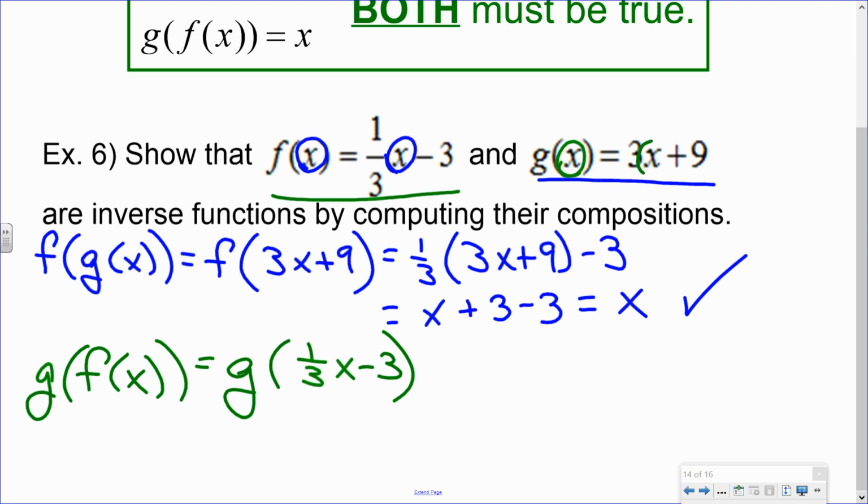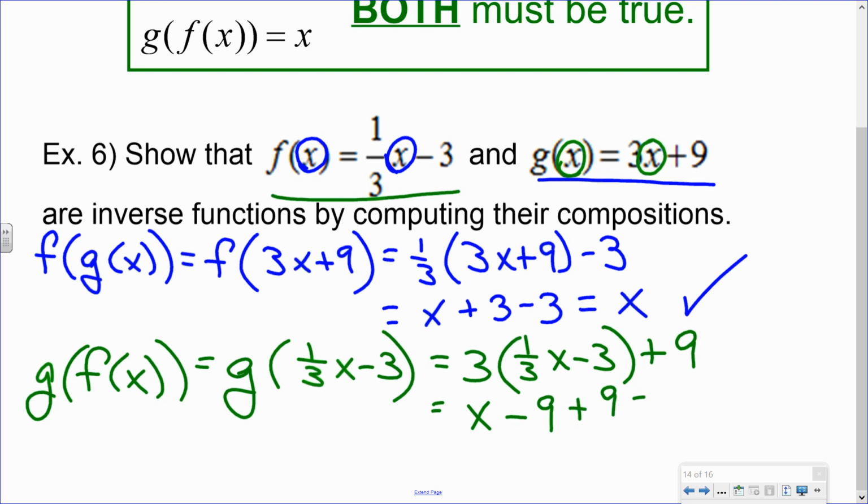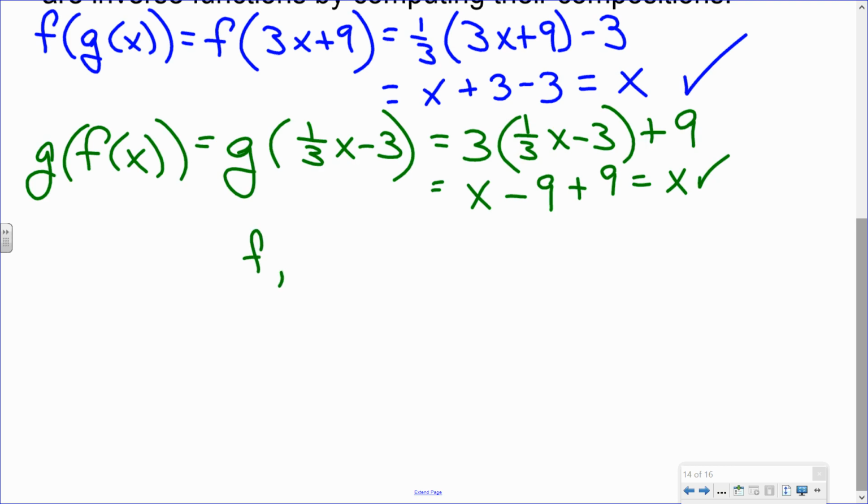If I put it in there and change that x, I change this other x as well. So I have 3 times 1/3 x minus 3 plus 9, or x minus 9 plus 9, which is x. So that one also worked. Since I got x both times, I can say f and g are inverses.